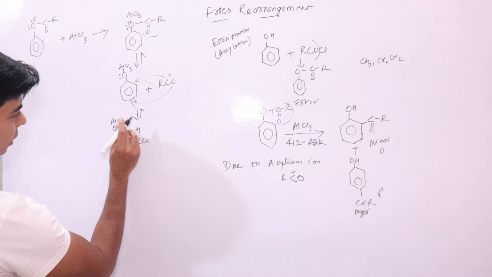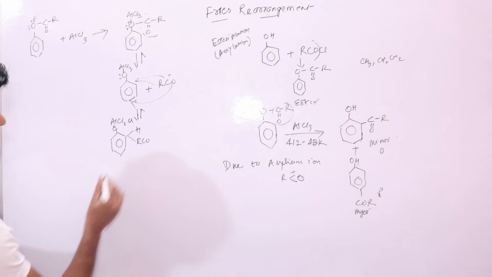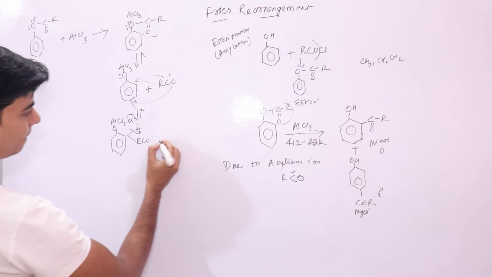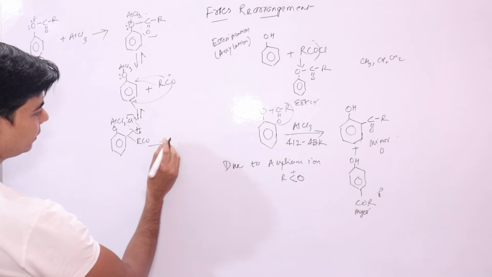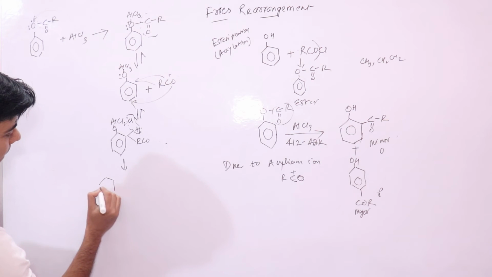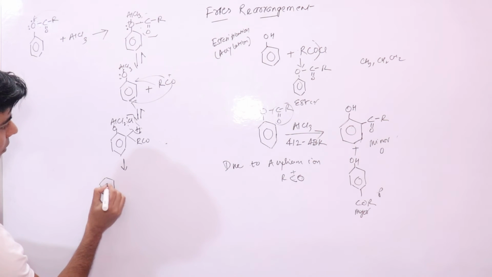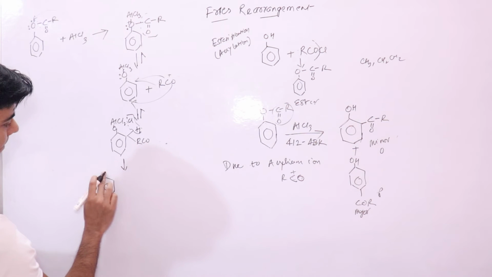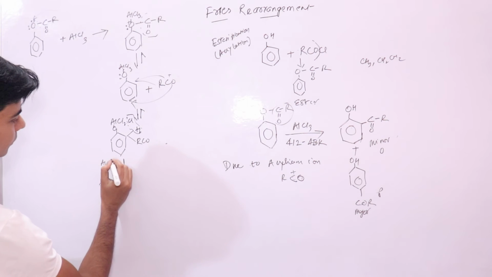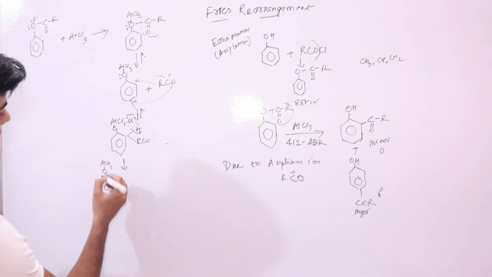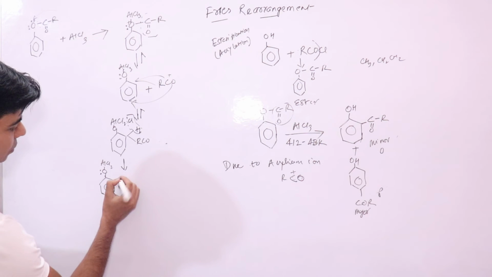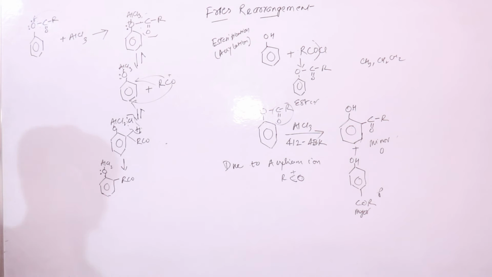Now this Cl and this H at the ortho position will react to lose an HCl molecule. Here it will look like this, with AlCl2 and RCO.